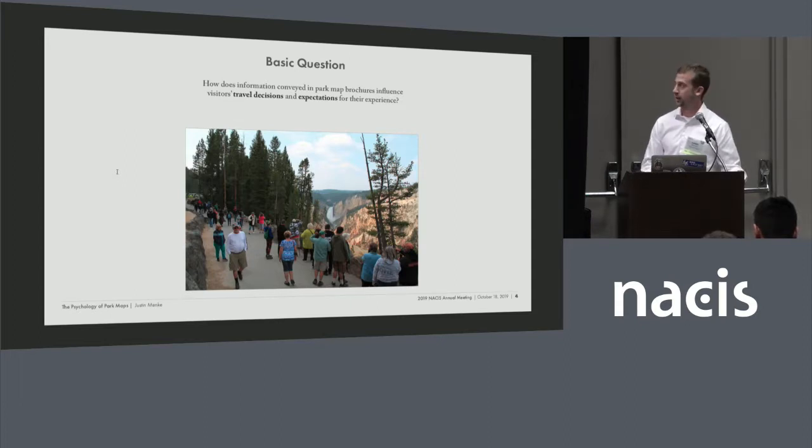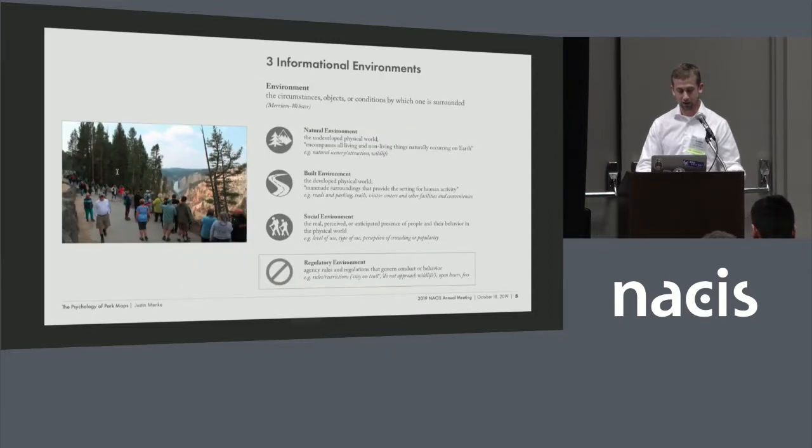And the third thing that this is showing is there's a lot of people there, and this is pretty typical, that the social environment is an increasingly important part of your experience in these places. And so if you think about the categories of information that you might want conveyed in, for example, a park map, but also any other information sources, you can think about those three different categories: the natural environment, built, and social environment.